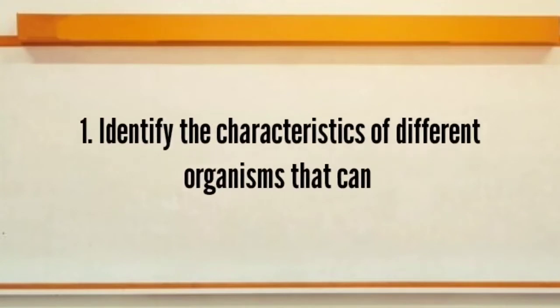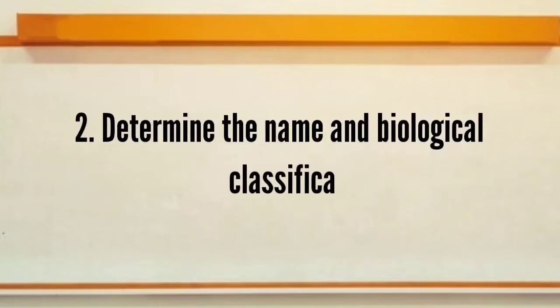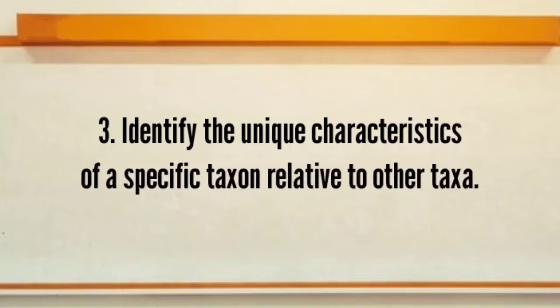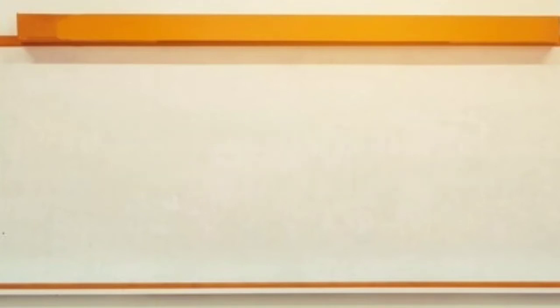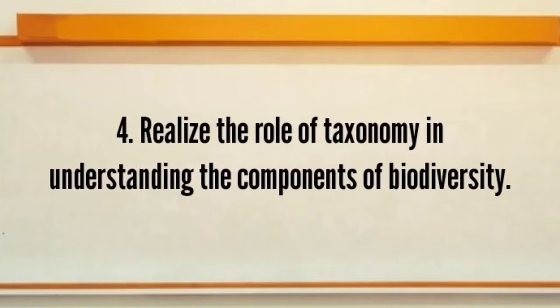By the end of this activity, you will be able to identify the characteristics of different organisms that can be found around the house, determine the name and biological classification of each organism, identify the unique characteristics of a specific taxon relative to other taxa, and realize the role of taxonomy in understanding the components of biodiversity.